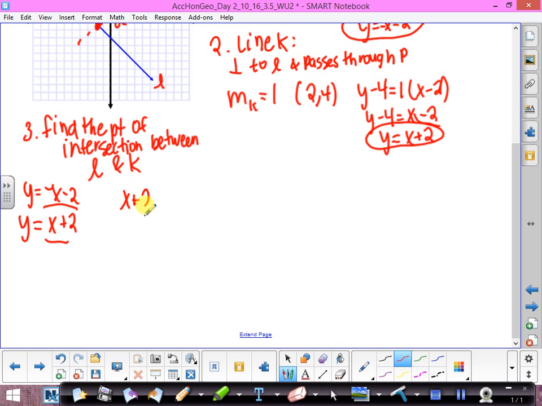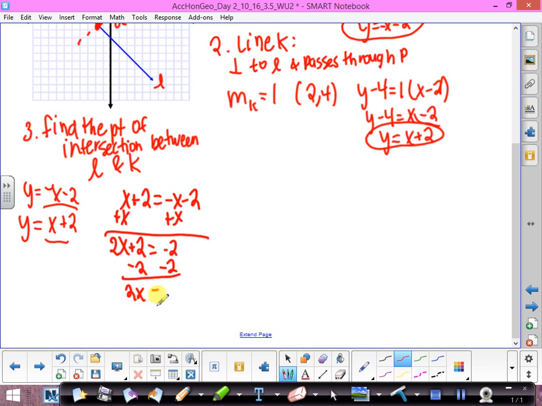So we're going to have x plus 2 equals negative x minus 2. Then I'm going to add x to both sides. And then I'll subtract 2. And then we're going to divide by 2. So we get x equals negative 2.